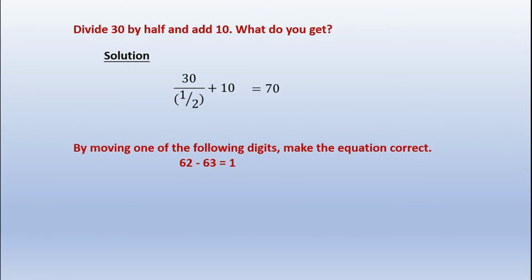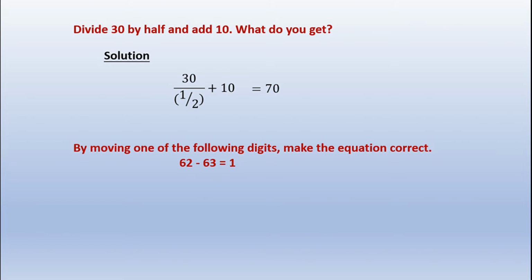Okay, then another problem. By moving one of the following digits, make the equation correct. The equation is 62 minus 63 equal to 1. Here you know 62 minus 63 should be minus 1. But we cannot change 63 and 62 because we can only move one digit.